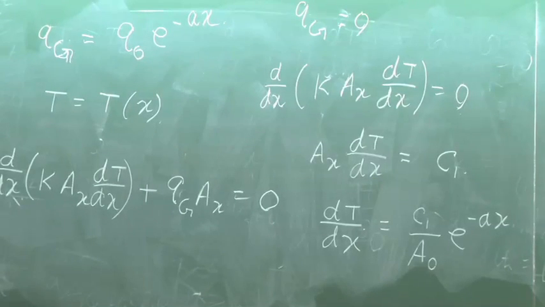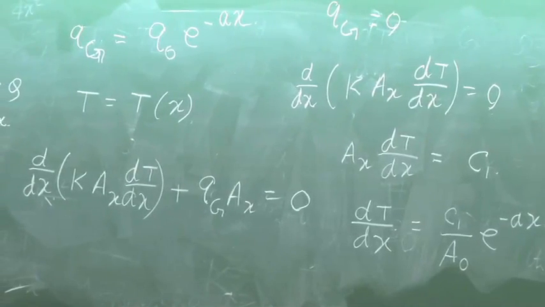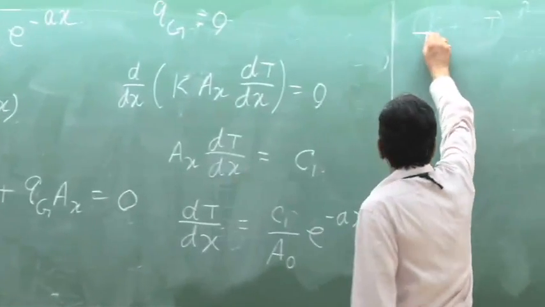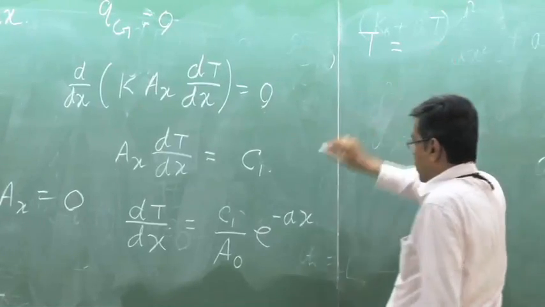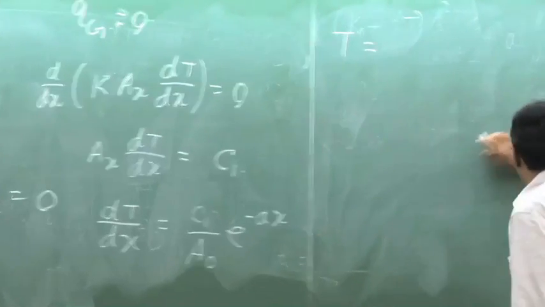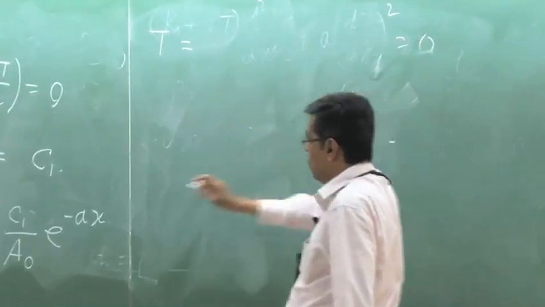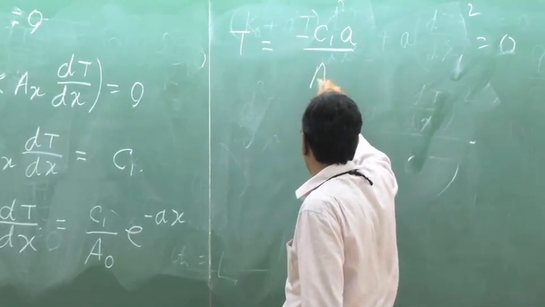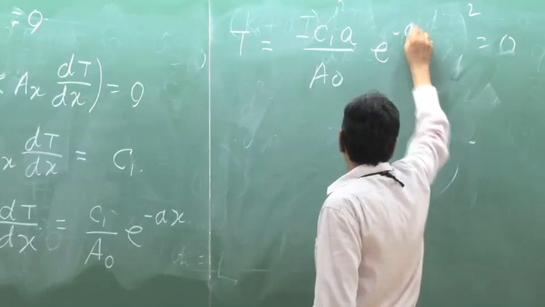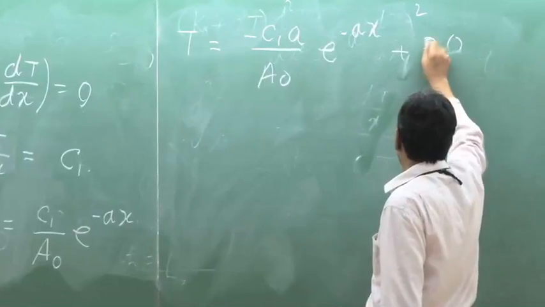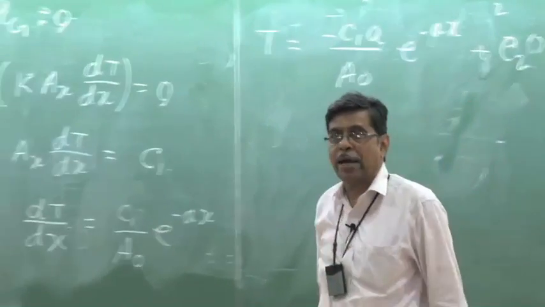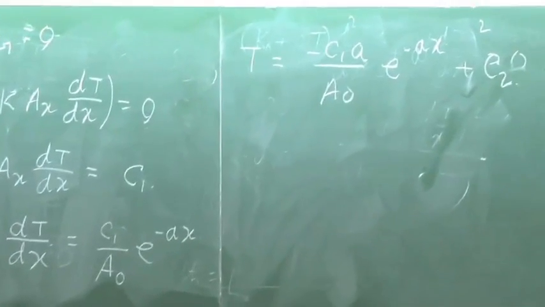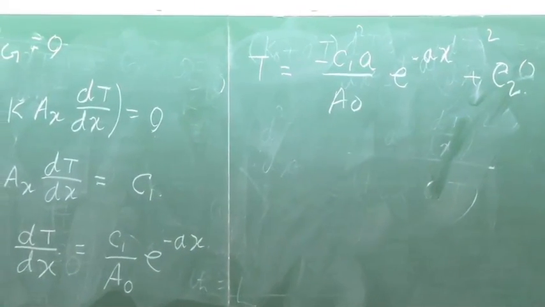Then you can integrate it. T is minus C1 by a A0 e to the power minus ax plus C2. Now you can find both C1 and C2 provided you know the boundary conditions. This is a general expression for T.